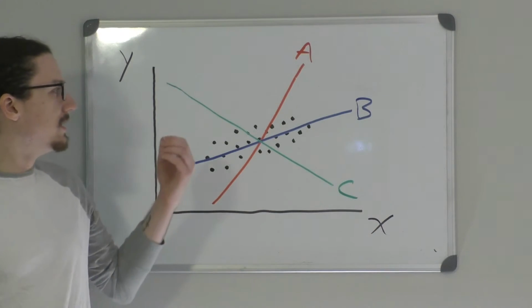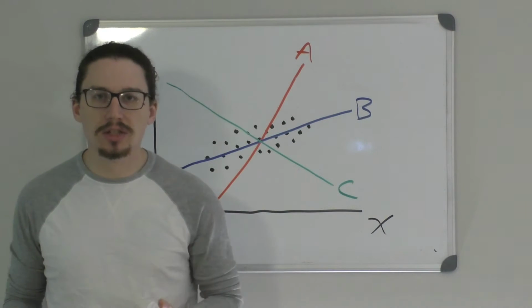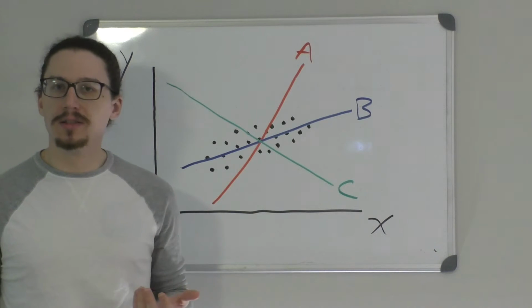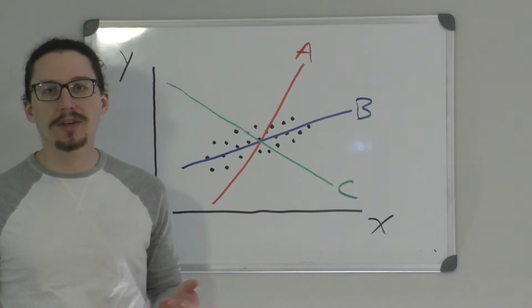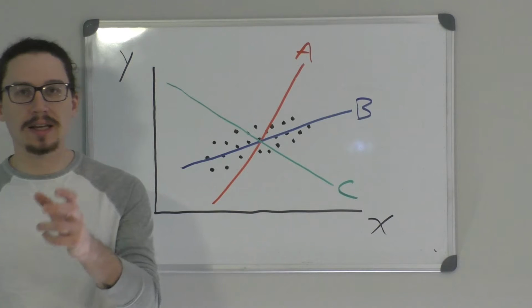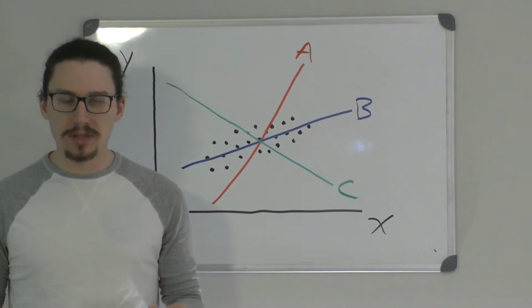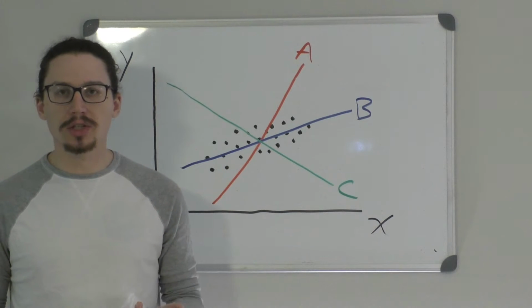The regression that is closest to the data is the best. Regressions are designed to predict. We want to be able to take an X value and predict a Y. So the one that can make the best predictions is going to be the one we want to choose.